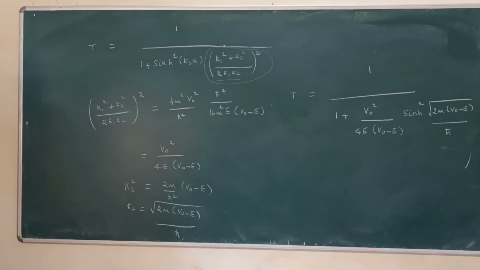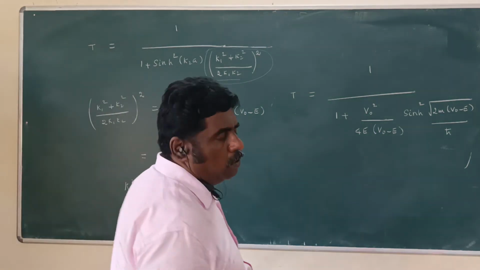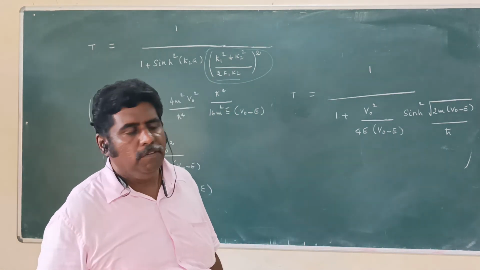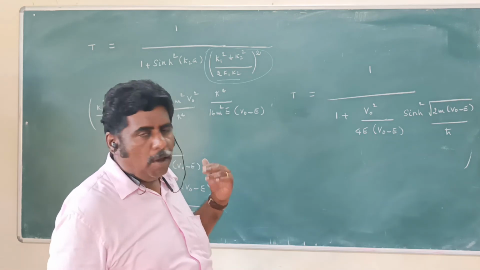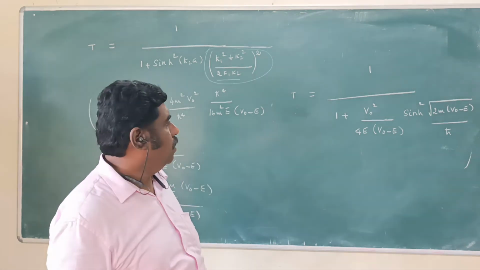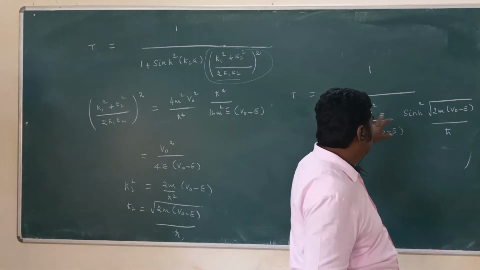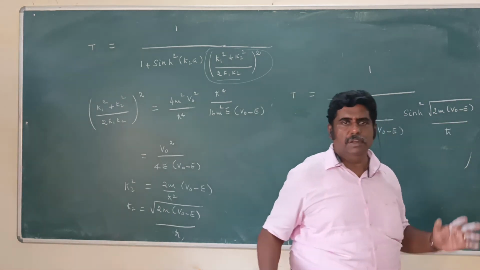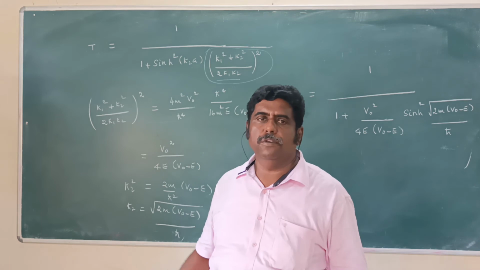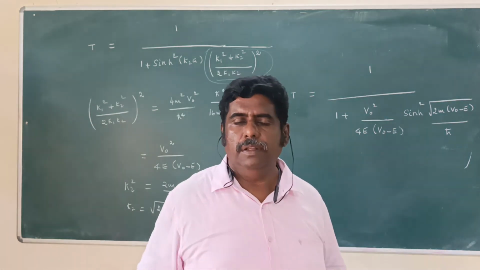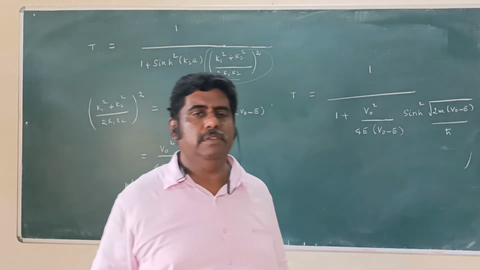This value, not equal to 0, is meaningful, so the particle is passing through the barrier without reflection. The probability of transition depends upon two factors: one is the height of the potential V0, and the other is the width of the barrier. If the barrier height is too large and the width is also large, the transition probability is very less.